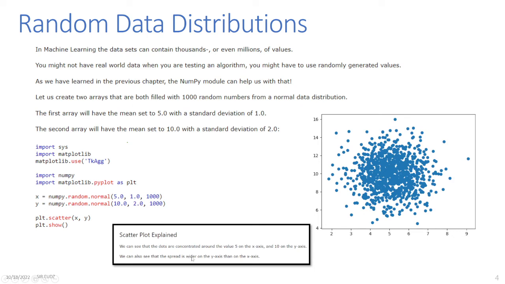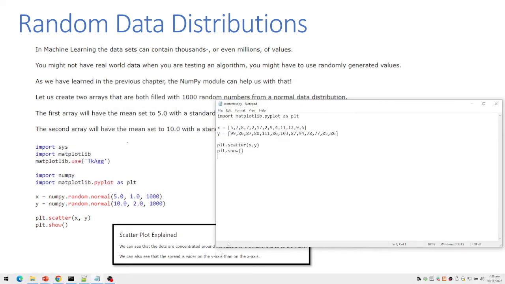If we try that also, instead of this, we change that one. We import NumPy because we can use that to generate random numbers. So x is equal to numpy.random.normal, that's the normal distribution, 5.0, 1.0, 1000.